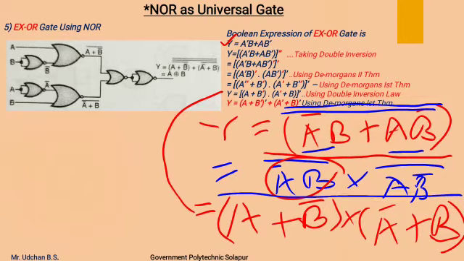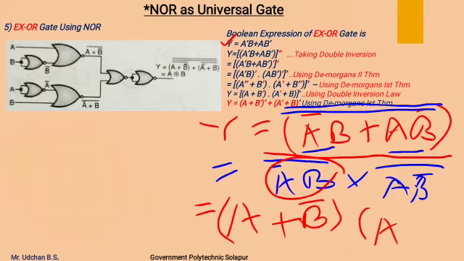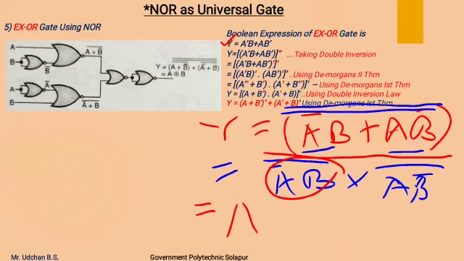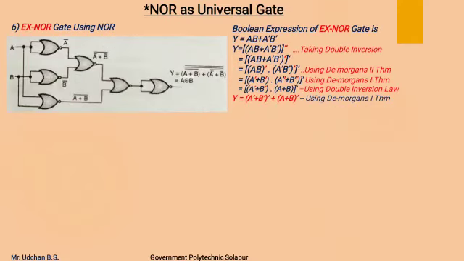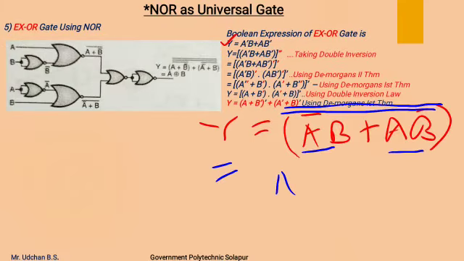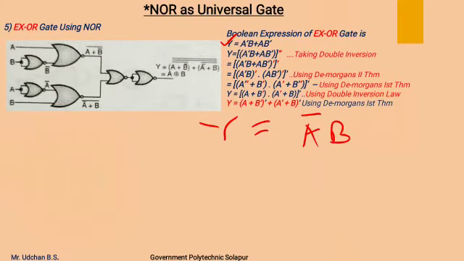So in this expression there are two terms, that is A plus B complement, this is the one term, and A complement plus B complement is the second term. In these two terms there are four variables, A and A complement, B and B complement.